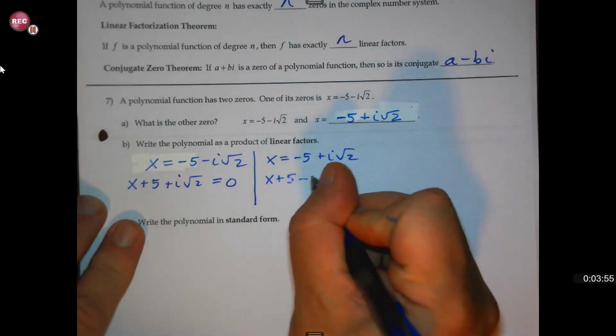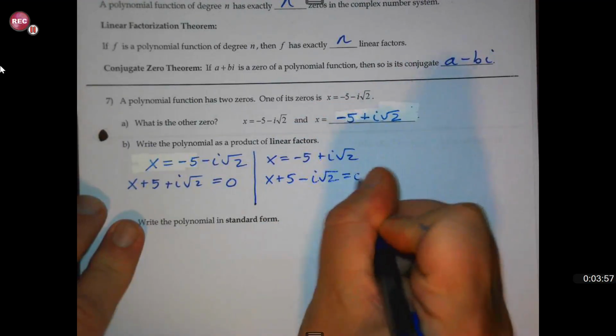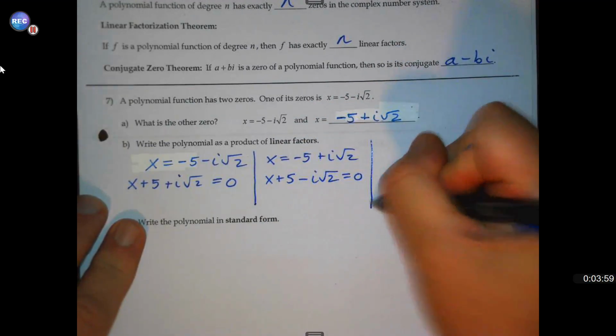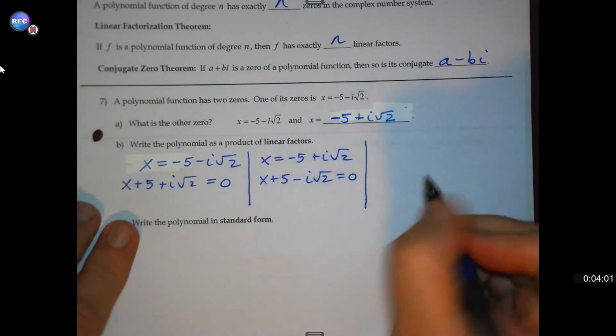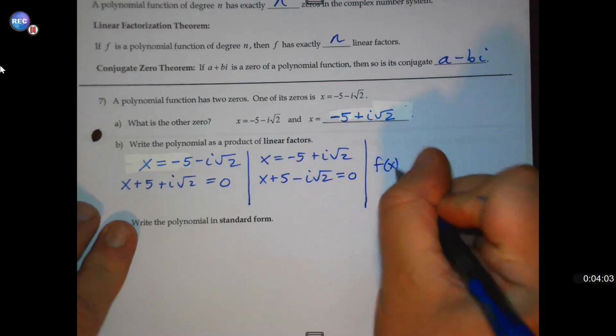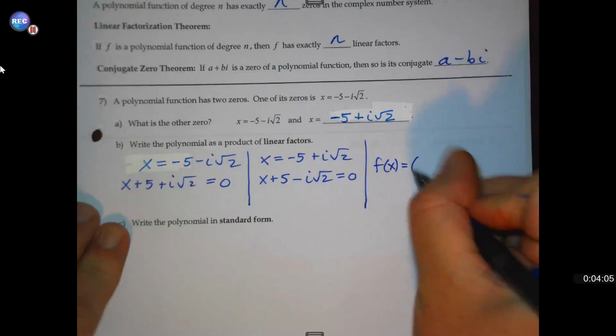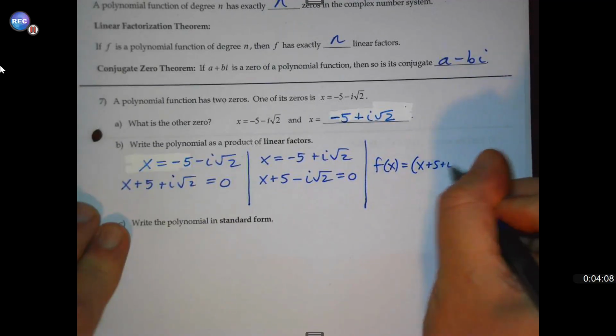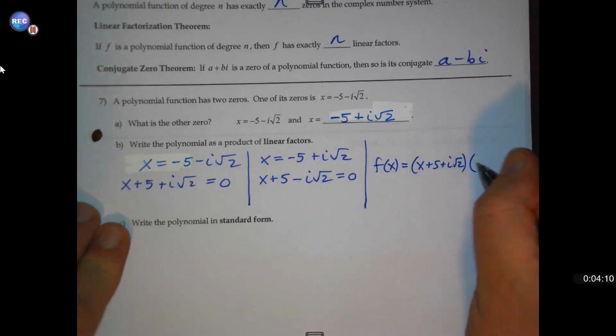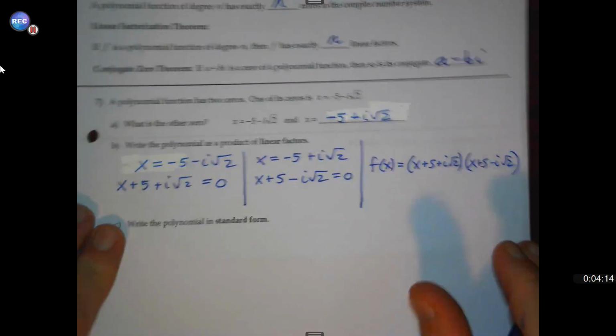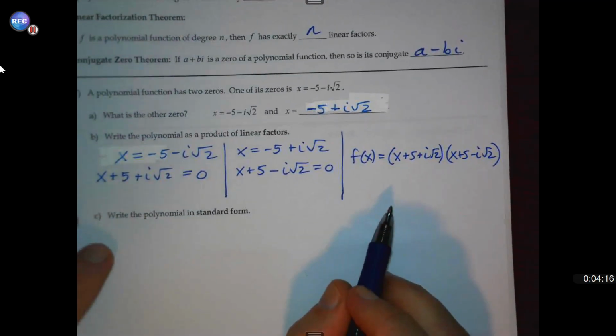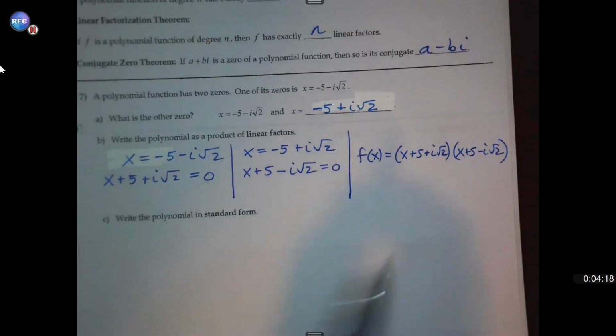What I'm doing is creating what are called linear factors. So when I write my polynomial as a product of linear factors, it's f of x equals x plus 5 plus i radical 2 times x plus 5 minus i radical 2. And notice the x's are to the first power, so that is why this is a product of linear factors.